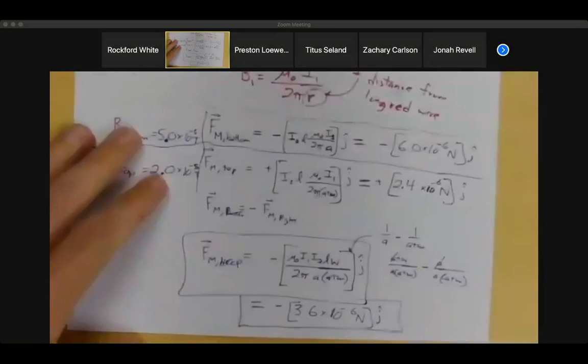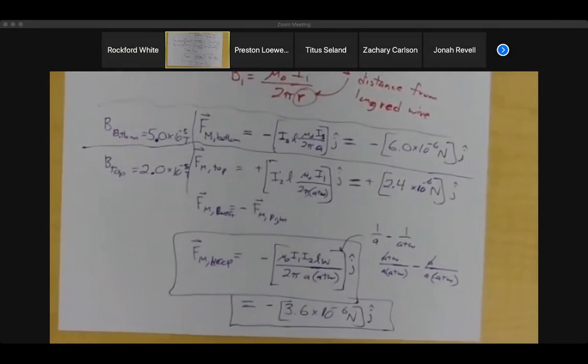Somebody wants to double check that when you evaluate all this, you get this number. That'd be great. Let's see. Mu naught over 2 pi. So I'm just going to do that. 4 pi e to the minus 7 times 5 amps for the bottom, times 2 amps for the loop, times 0.06 times 0.03 divided by 2 pi times 0.02 times 2 plus 3 is 5.